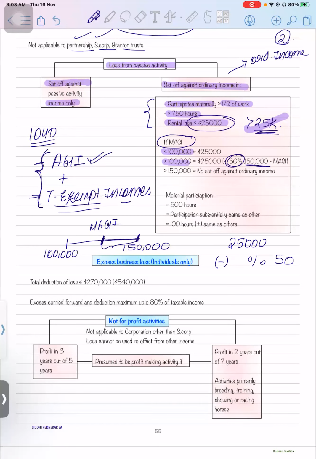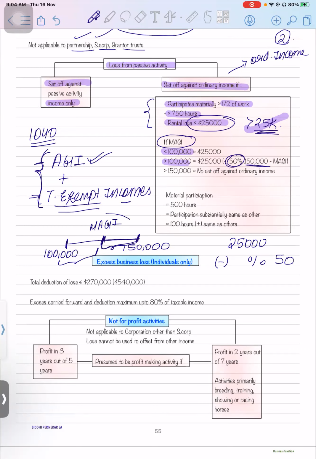Normally in Part 1 papers, those who have done the whole Part 1 might have seen we used to take the lower limit and the actual MAGI. In these rental related limitations, we will take a phase out. There we used to take a phase in. So that was the difference between phase in and phase out.